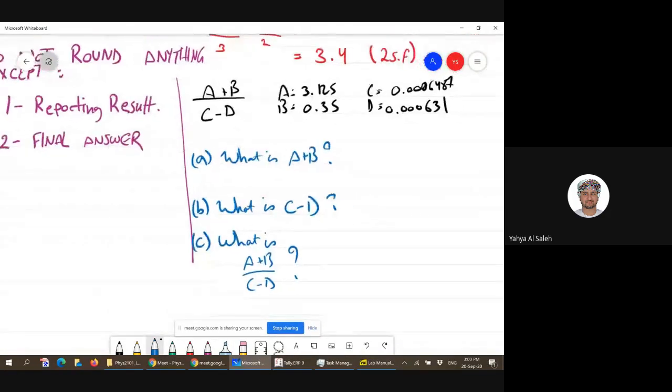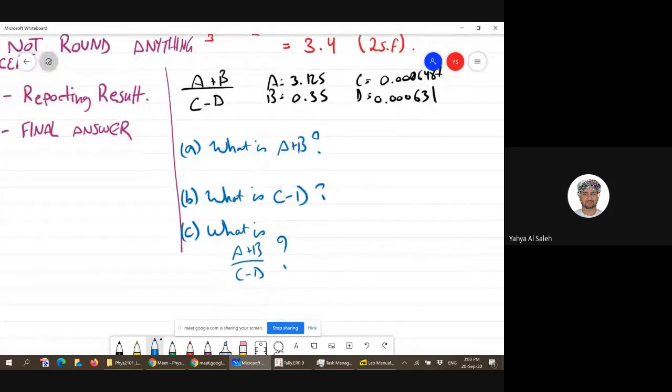Now, these 3 questions are answered very, very differently. What is A plus B? I do 3.125 plus 0.35. This is 3.475. To what should I round it off? 2 decimal places. Perfect. 3.48 to 2 decimal places.